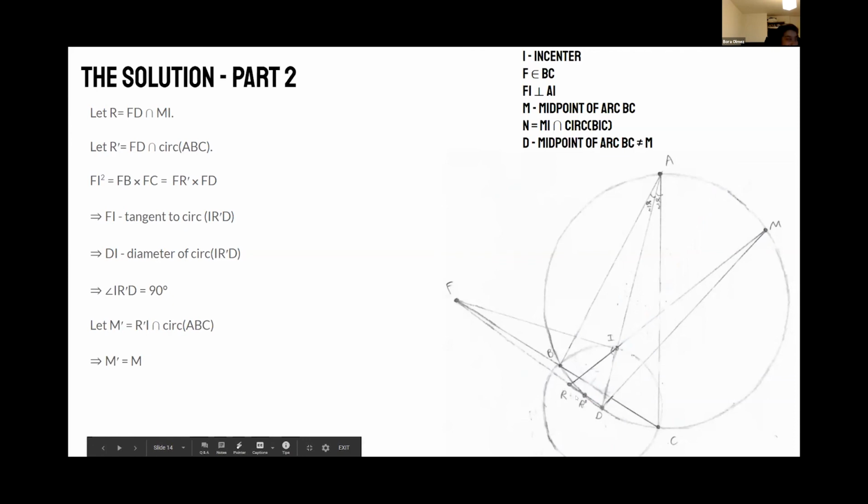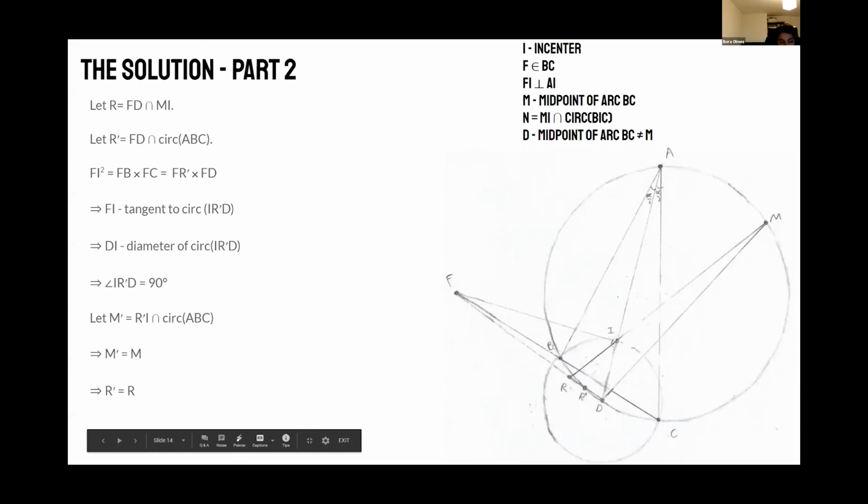I'll state this again: R prime, I, M are collinear, as well as R, I, M. But now there are 2 points in which MI intersects the line FD. And this is a contradiction. So therefore, R must equal R prime, as 2 lines can't intersect at 2 points.